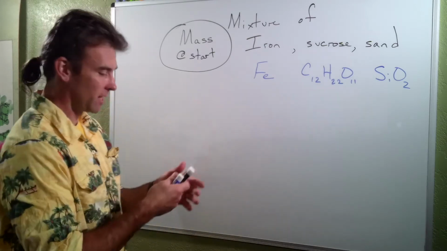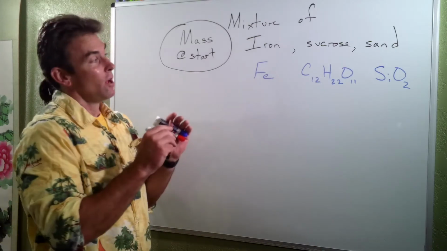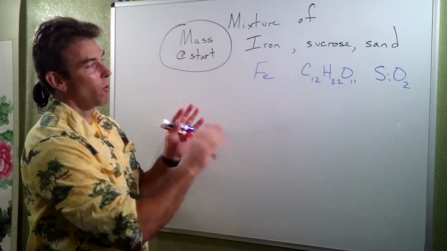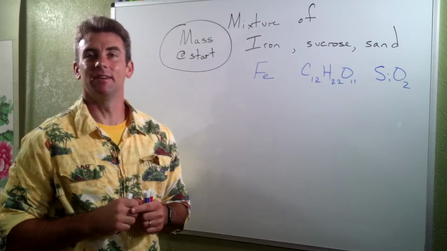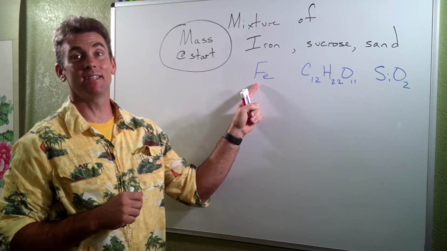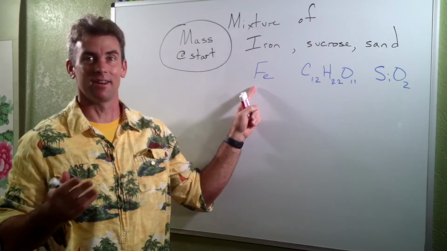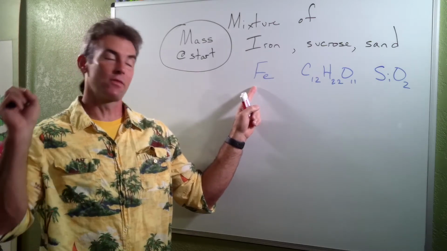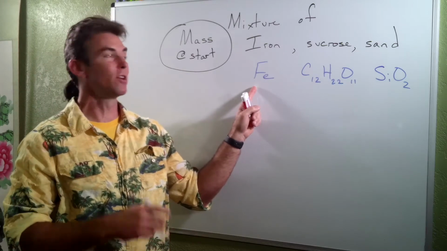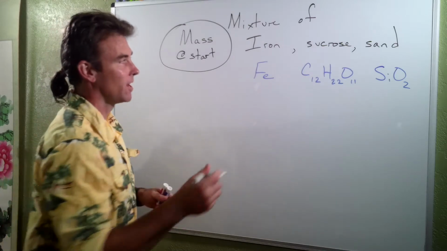So the very first thing we're going to do, the very first method, is a physical method, right? You'll look at this and think, well, one of those is not like the others. And you notice that iron is just hanging out there. Iron has this really awesome property of being what's called ferromagnetic, in other words, magnetic. So you're going to chuck a magnet in there and all the little iron is going to glom onto that magnet. That's the way that we're going to separate that, right?